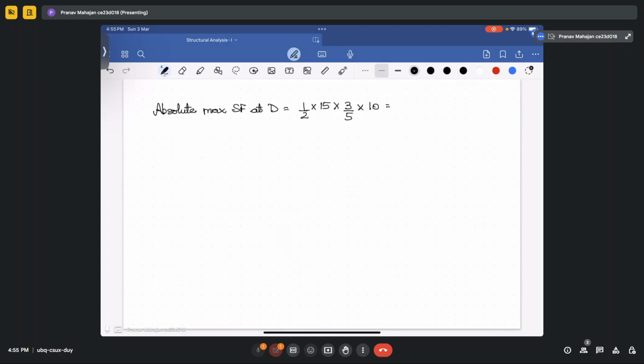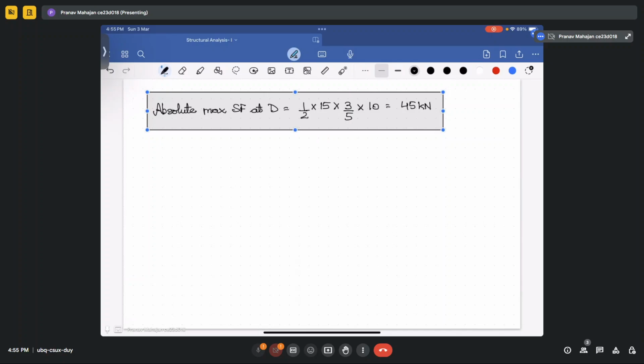So what will be the value? 3 times 9 is 90, 90 upon 2 is 45. We will get 45 kilonewton as the maximum shear force at point D, which is at a distance of 10 meter from the right hand support.